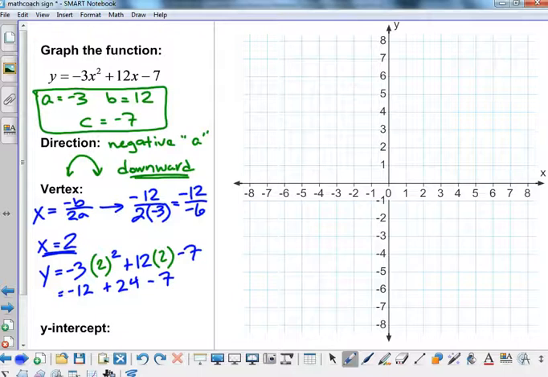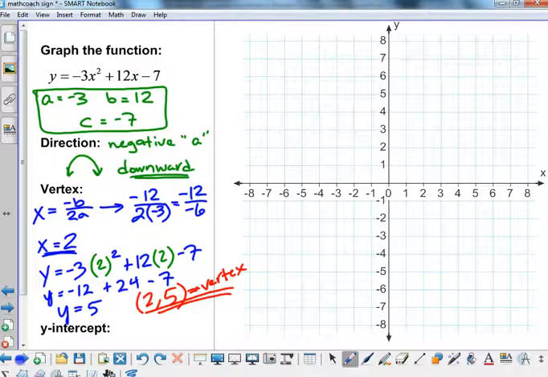And minus 7. So we have negative 12 plus 24 minus 7. And real quickly, you could probably figure that out. That tells us y is equal to 5. So the coordinates of our vertex, real quickly, are 2, 5. That's our vertex. Very important information.